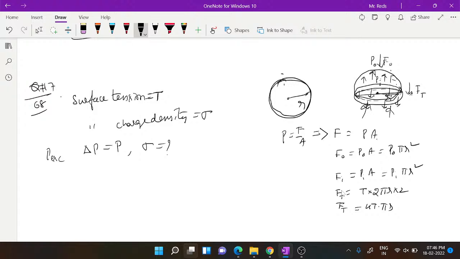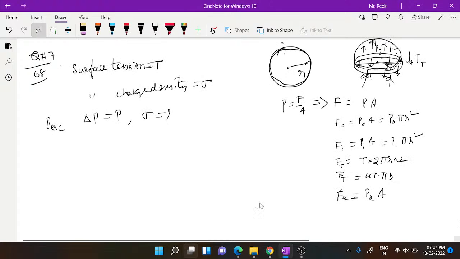You can also call it an electrostatic force. The electrostatic force can be expressed as the pressure due to this times area. You should remember what the electrostatic pressure is.